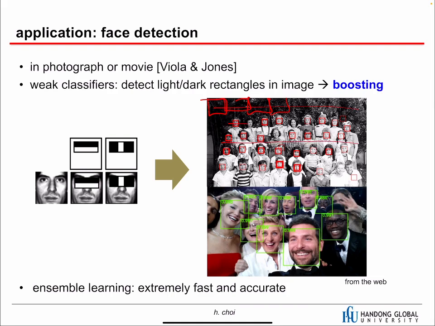And if the weak classifier says, oh, this is a candidate, there might be a face, then we apply a more complicated neural network. So that is kind of boosting. First we apply the weak classifier, and then if there is a possibility, we apply the complicated model so that we can have a fast and accurate face detection model.